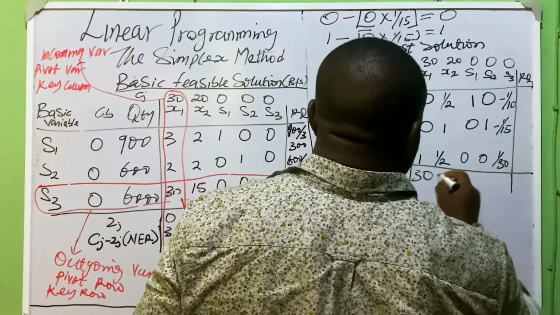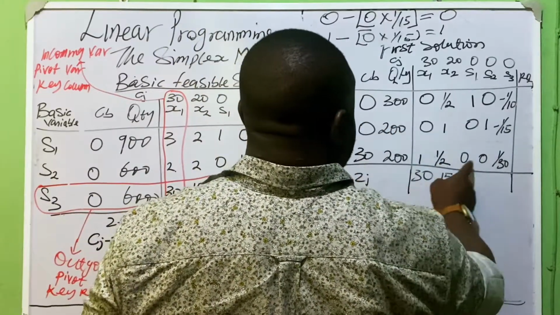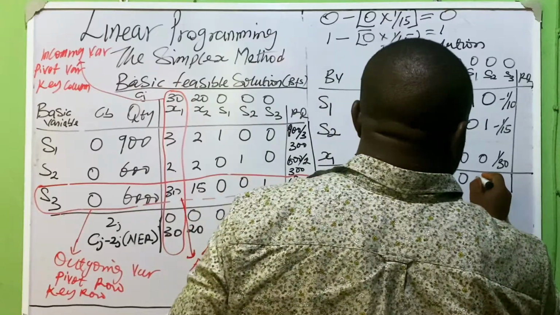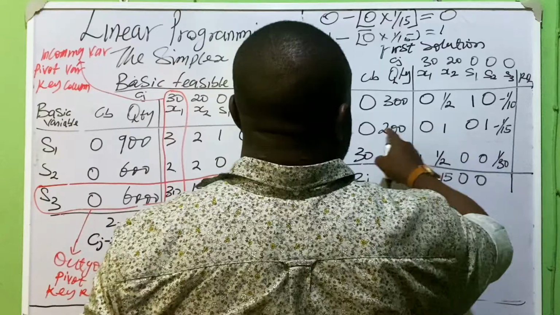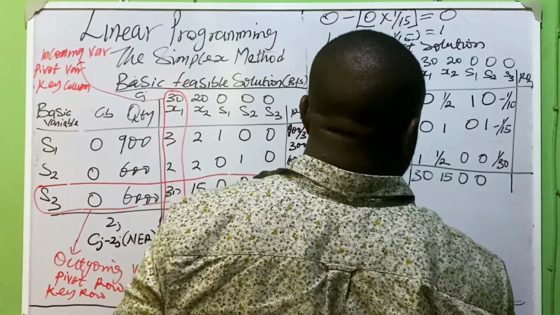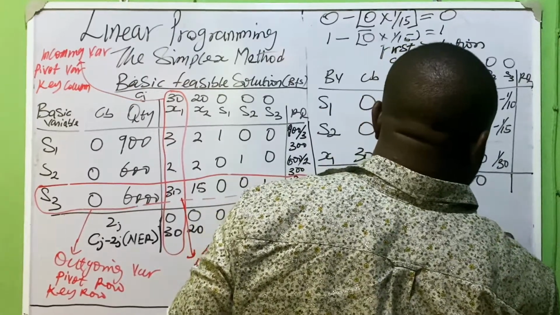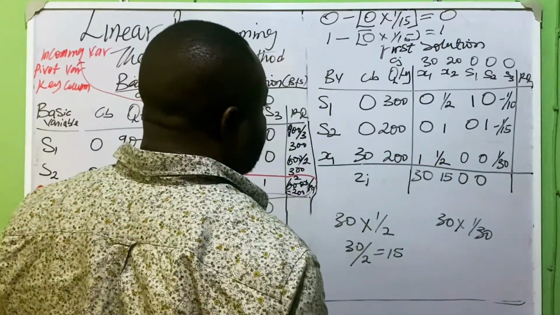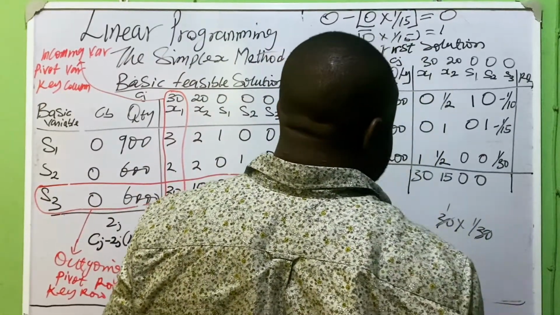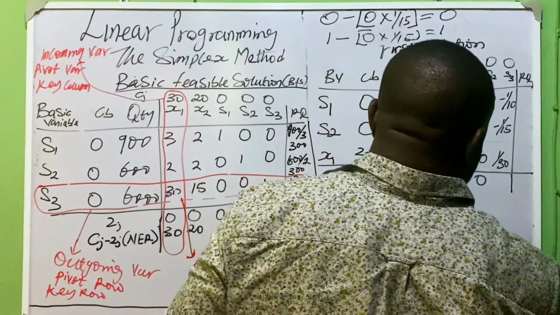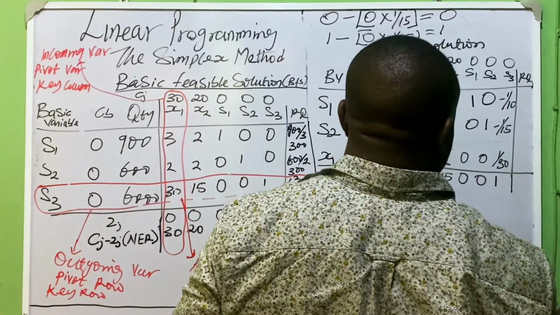So we'll have 0. This by this 0, this by this 0, this by this 0, we'll have a 0. Then this by this 0, this by this 0, this by this will now be 30 multiplied by 1 over 30. So 30 goes 1, 30 goes 1. So we're going to have a 1.